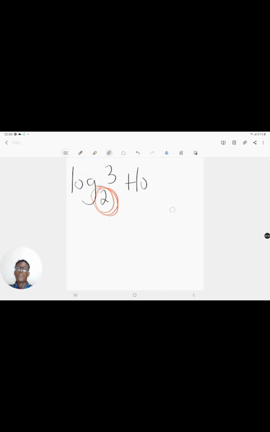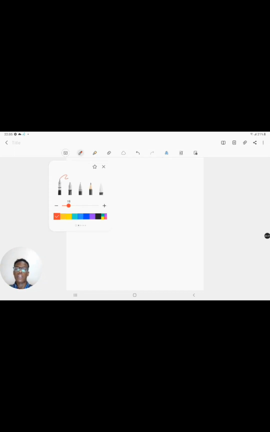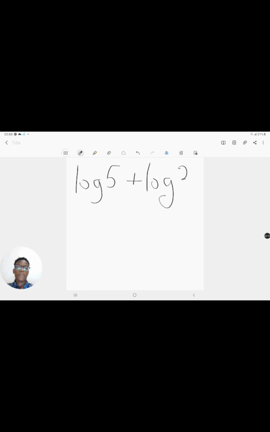Okay, so what if you had this example: log 5 plus log 3. Something that I forgot to mention earlier on is whenever you don't see a base being written, the base is equal to 10.